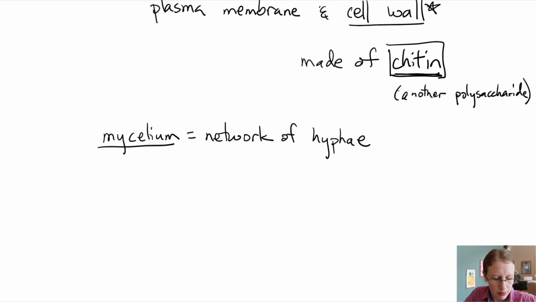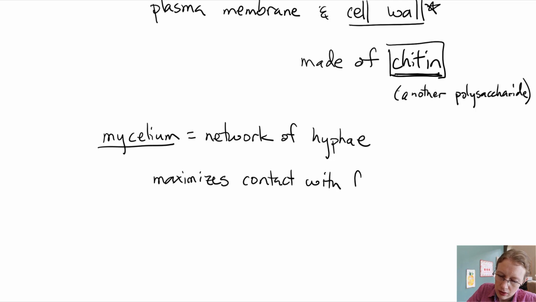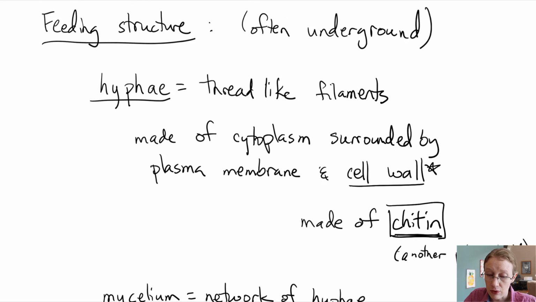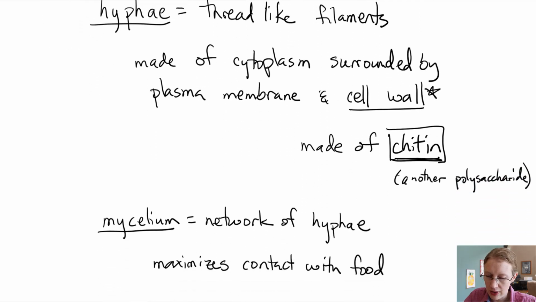And what that mycelium does is it helps to maximize the surface area. It maximizes contact with food in the surroundings that needs to be digested. Okay, so that's the feeding structure, again, underground.